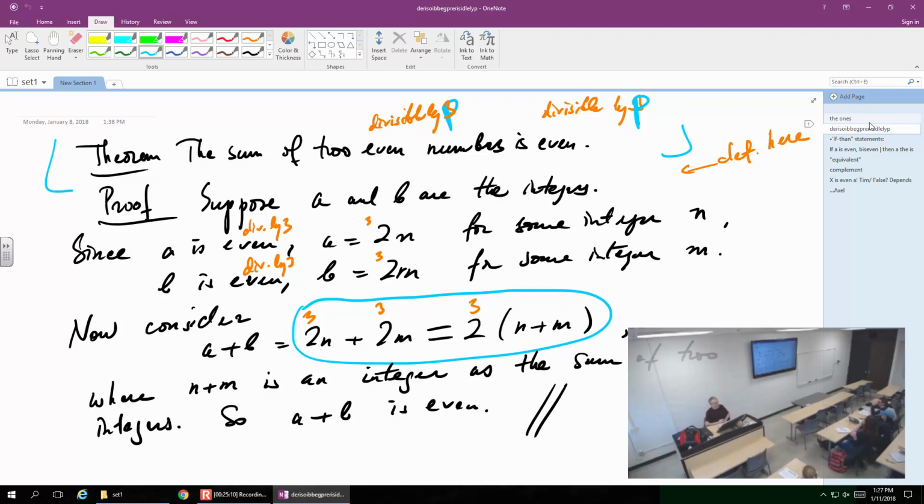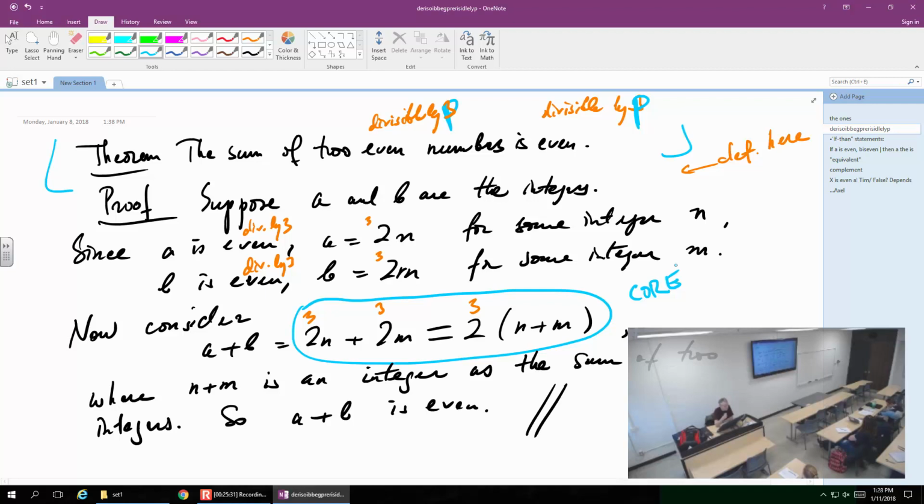I circled in the middle the core of the proof. Now suppose we're trying to do something else with this theorem, but with A and B not being both even: suppose one of them is even and the other one is odd. An odd number wouldn't be like 2m; it should be some integer.